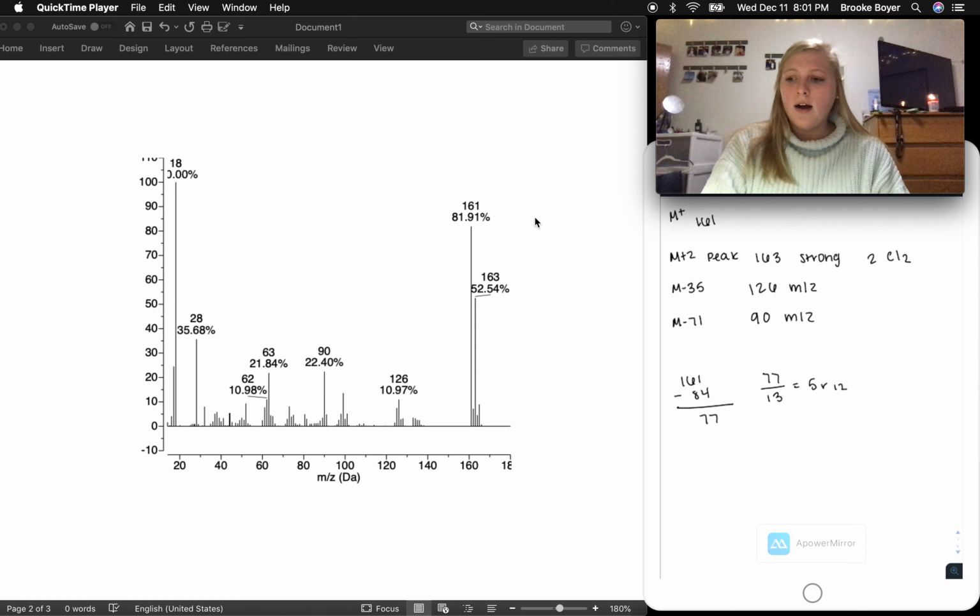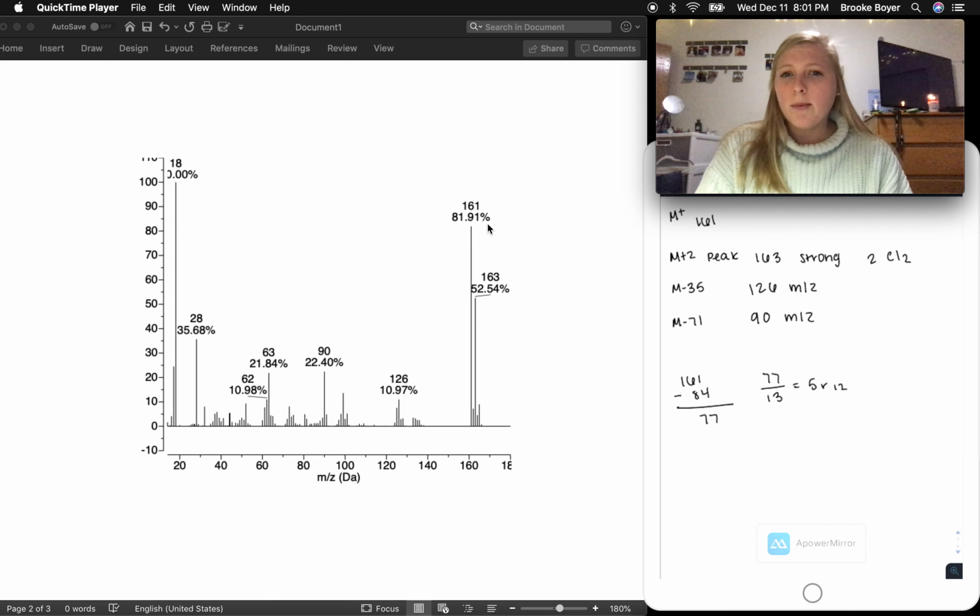Another reason to show that we have a nitrogen is the nitrogen rule, which says that if we have an odd number for our molecular weight, there will be an odd number of nitrogens. And at the moment, we know that there's an aromatic amine, so 1 nitrogen.